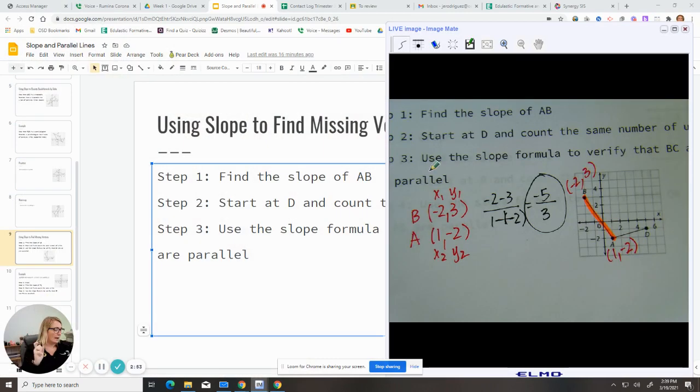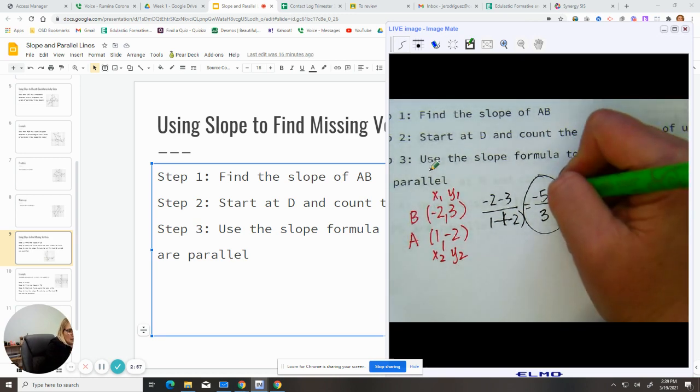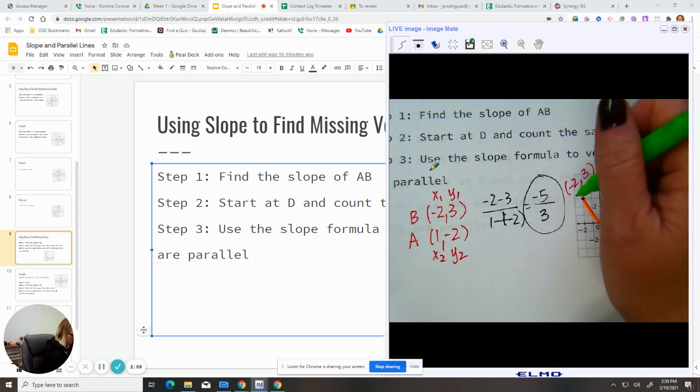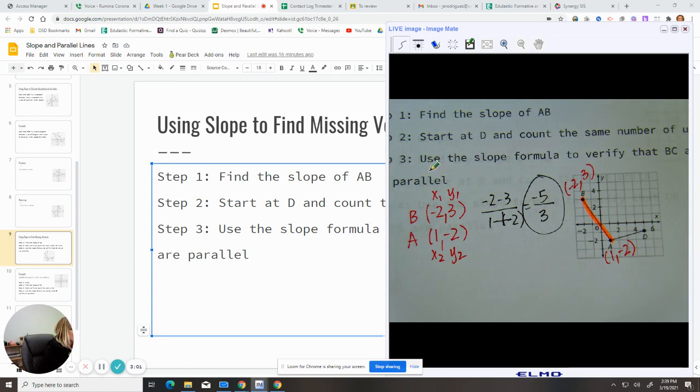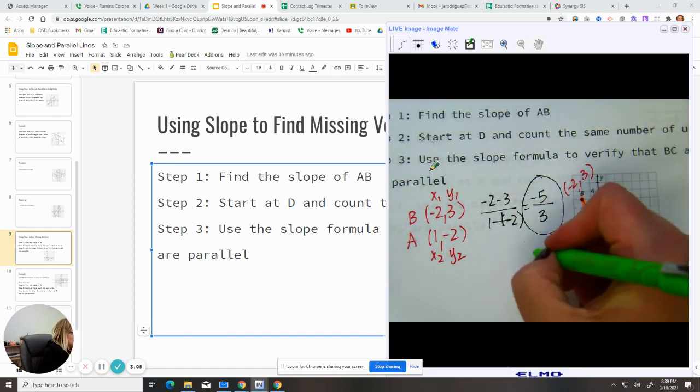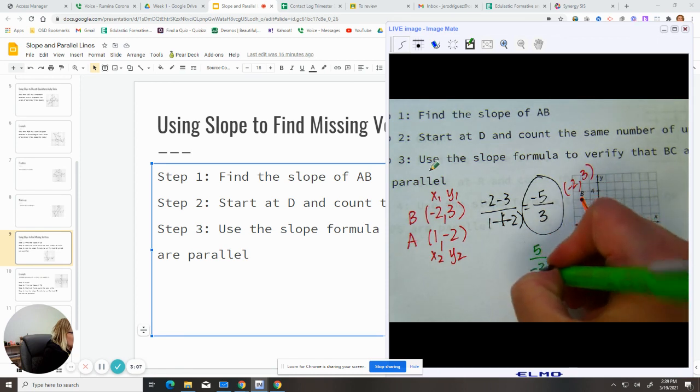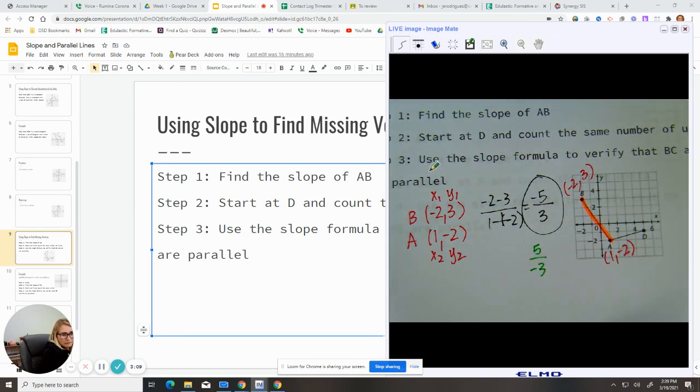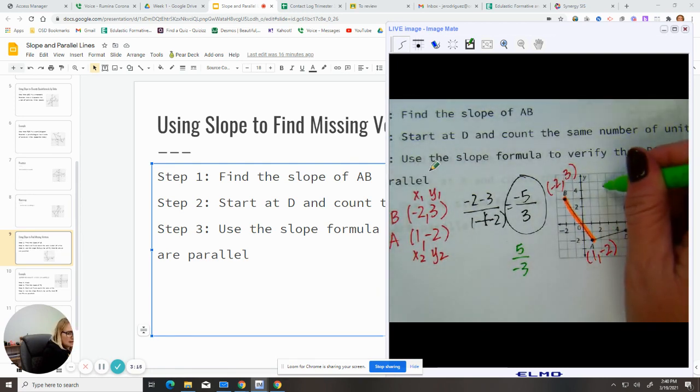So the one thing you have to remember is that this movement right here is your rise, okay? And this is your run. But it could also go the other direction. You could say that this is 5 over -3. And for what we're going to do, we're going to use it in this manner because it makes the most sense to get up here.